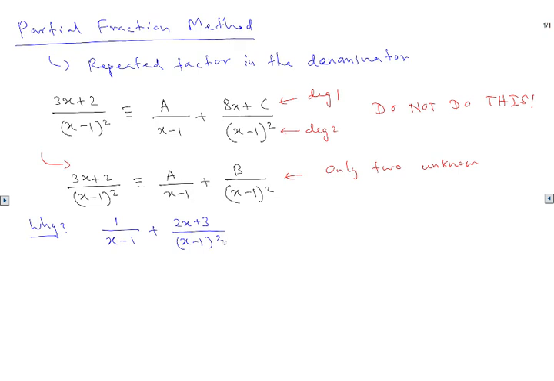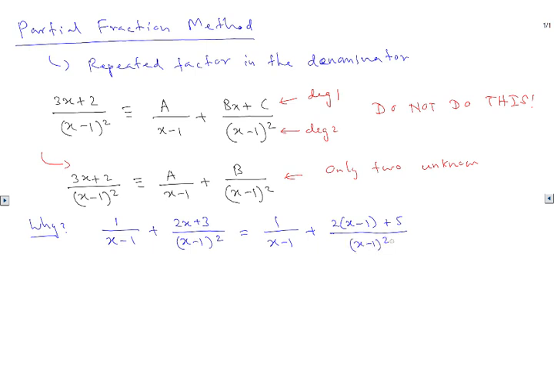Now you can do a little trick. You can create the same (x - 1) factor in the numerator. Rewrite the numerator of the second term by factoring out (x - 1): you get 2(x - 1), which is 2x - 2, so to get plus 3 you have to add plus 5, giving plus 5 over (x - 1) squared.